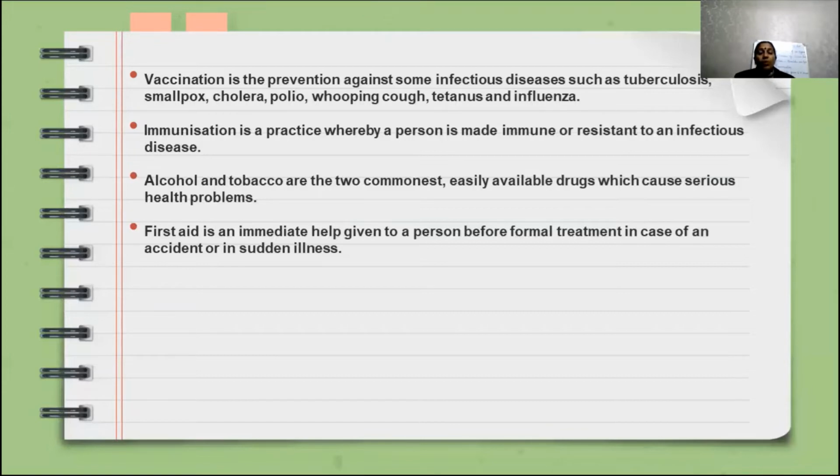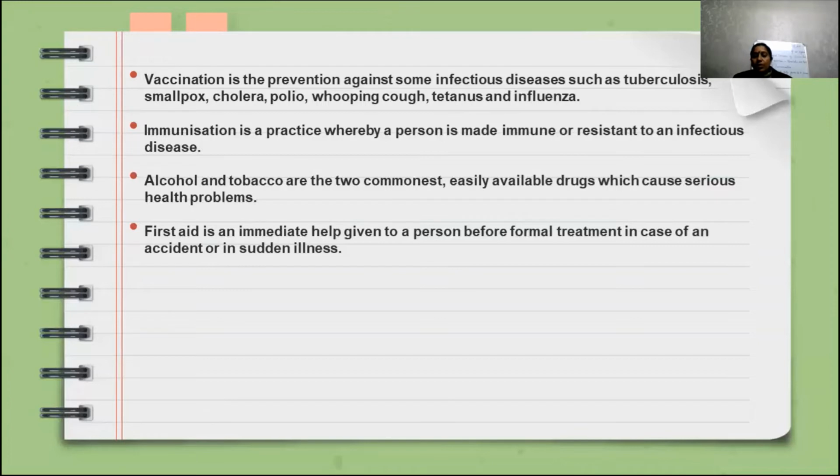Then waterborne diseases, the same way. These spread through contaminated, dirty water. Diseases like typhoid, cholera, and hepatitis are examples of waterborne diseases. The next is foodborne disease, caused by eating unclean fruits and vegetables.